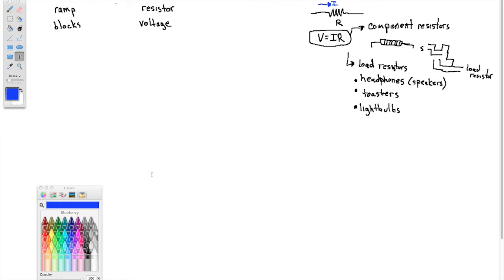Is V the voltage on this end, right? This is going to have some voltage, V1, and this end is going to have some voltage, V2. So in this equation, is V the voltage at this end, or is V the voltage at this end?